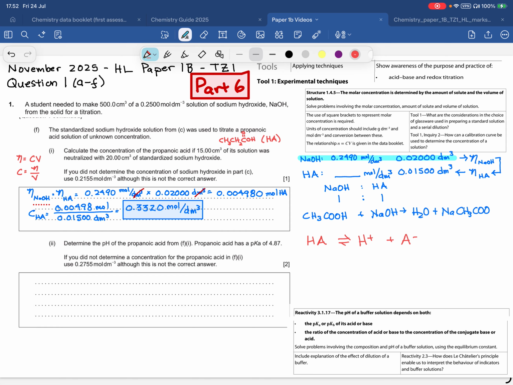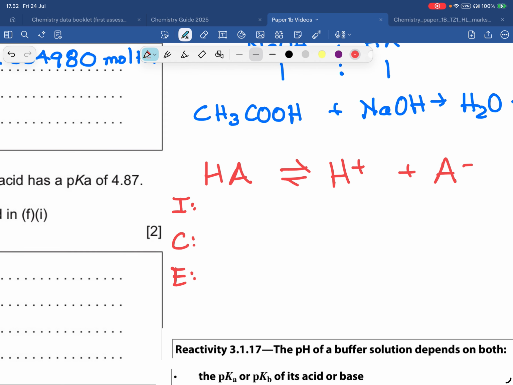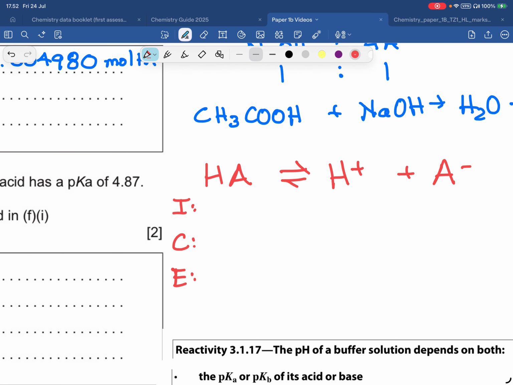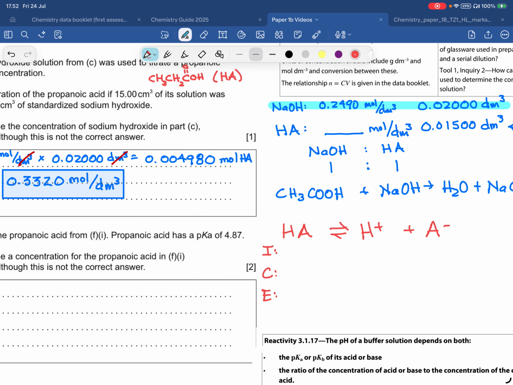Now, you've used these ICE tables before, I'm sure. You don't have to use these to solve this problem, but this is the theory behind it. So I'm going to have 0.3320 molar here. Initially, I'm going to have none of that and none of that.